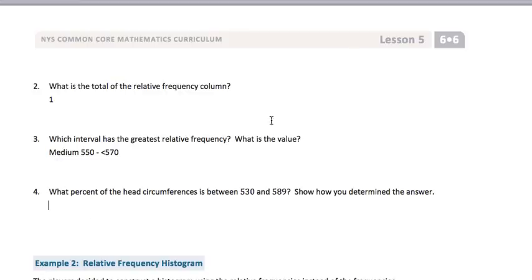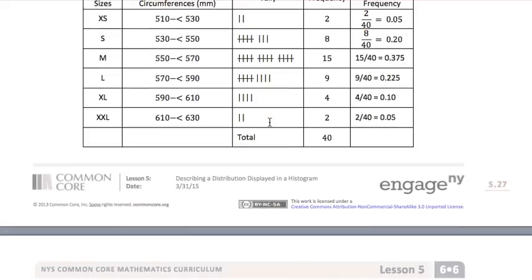And then the percent of head circumferences between 530 and 589, that would be these 3: small, medium, and large. And we have 20/100ths, 375 thousandths, and 225 thousandths.